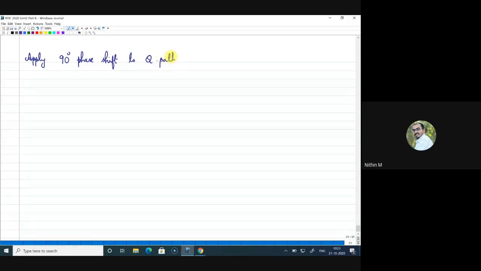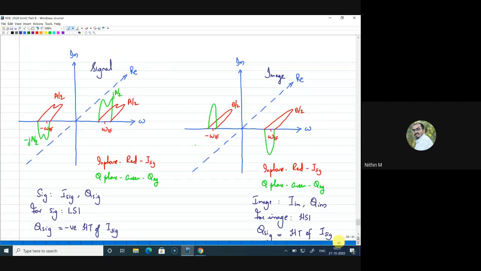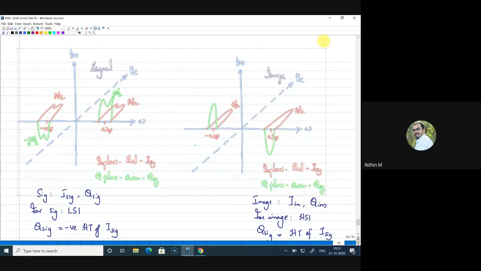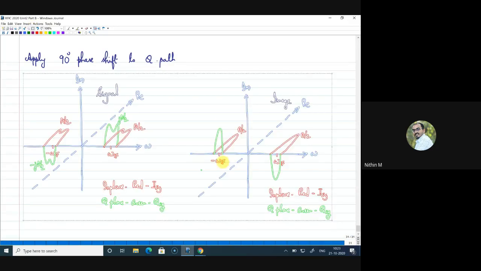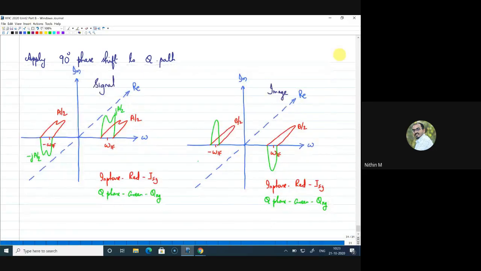Again, to perform that, I'll take this entire thing over there. So this is your signal and this is your image. Now I am going to perform a new operation: giving a 90-degree phase shift to the Q path.